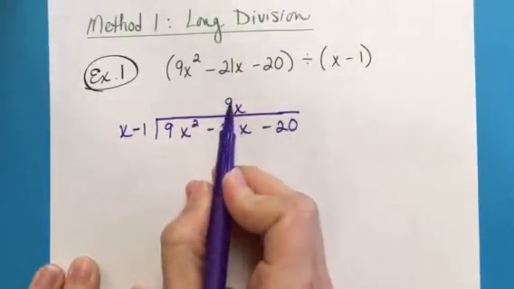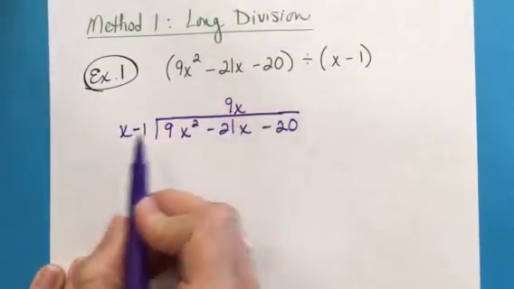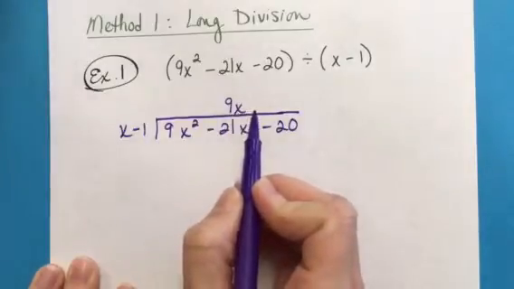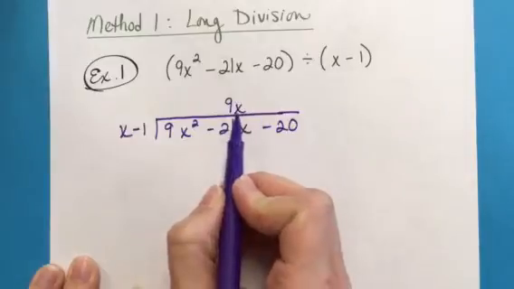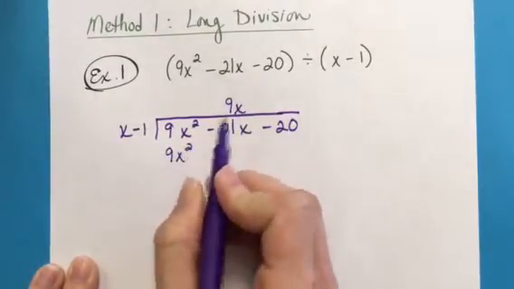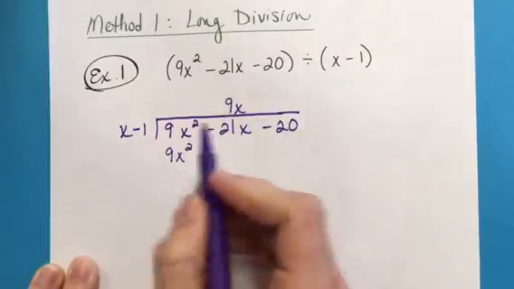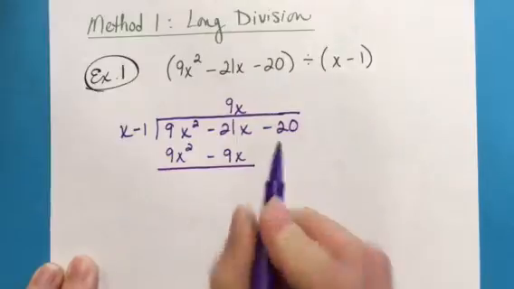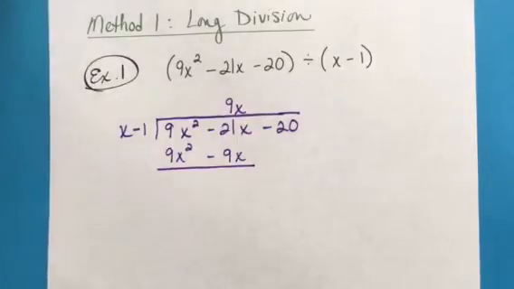Now we've got to take what we've put here on the top and we've got to multiply it times both terms that are out front. So 9x times x is 9x squared. 9x times -1 is negative 9x. Now at this point you have got to subtract.